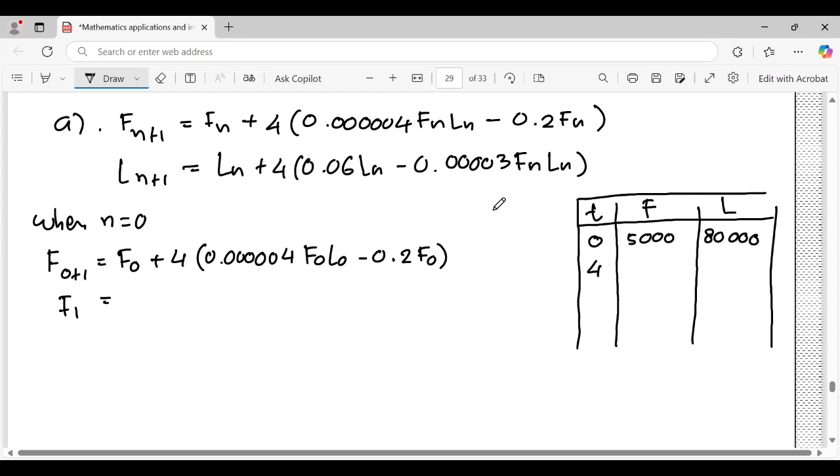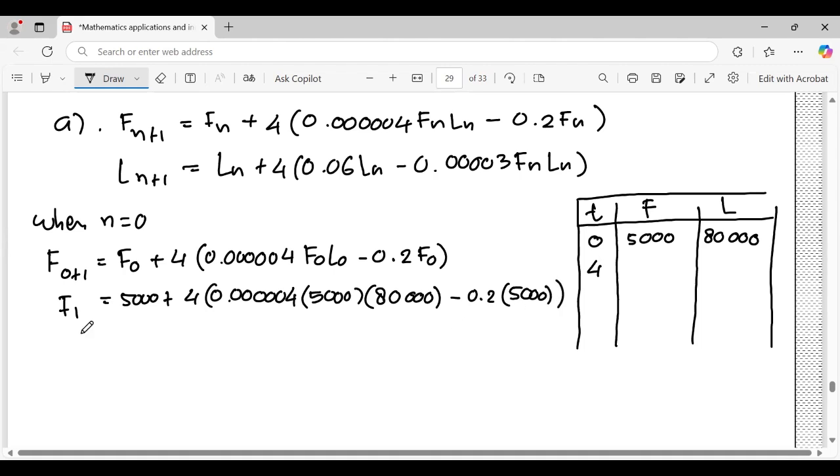Next, F1 equals F0, which is 5,000, plus 4 times (0.00004 times 5,000 times 80,000 minus 0.2 times 5,000). And if you calculate, the result is 7,400. So writing here 7,400.